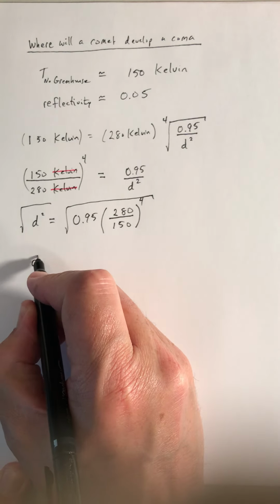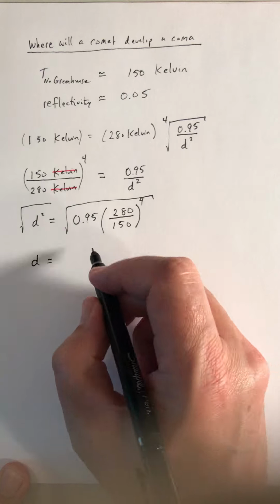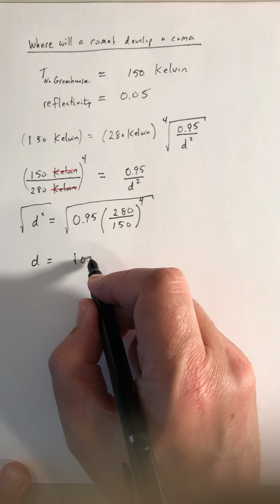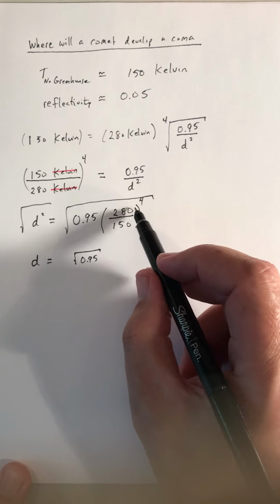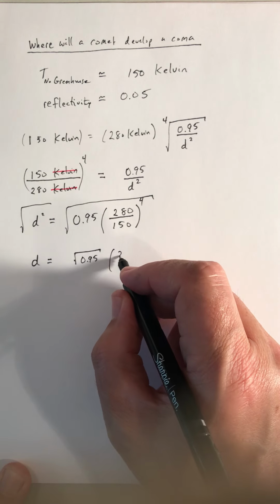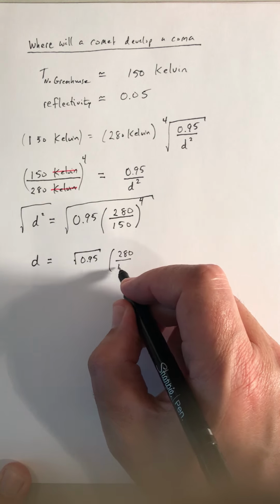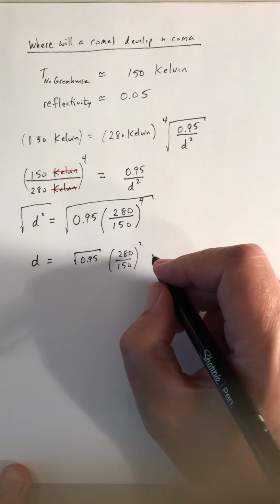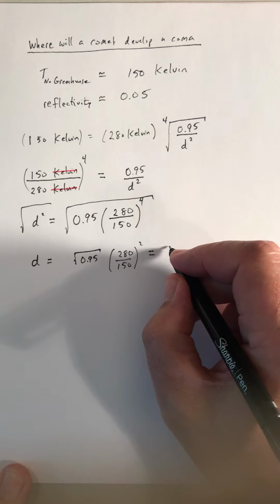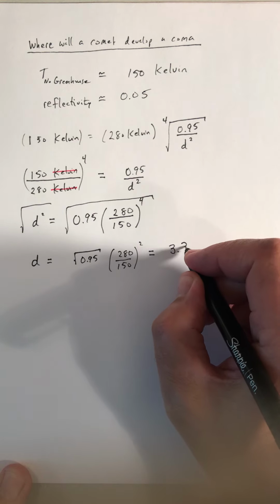The distance is the square root of 0.95, and the square root of something to the fourth is going to give me 280 over 150 squared. You put that in, and I got 3.3.